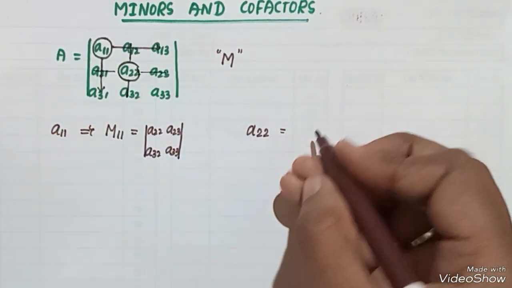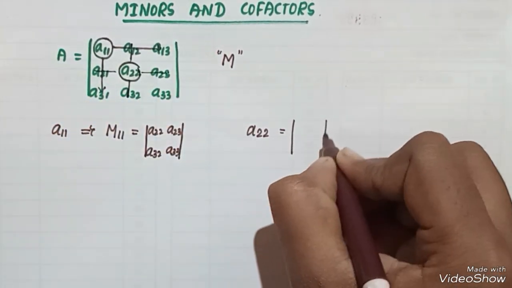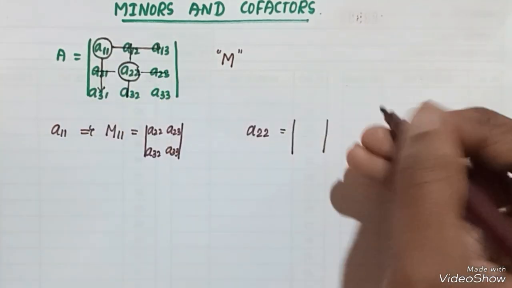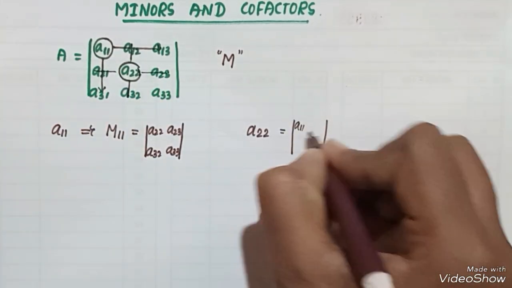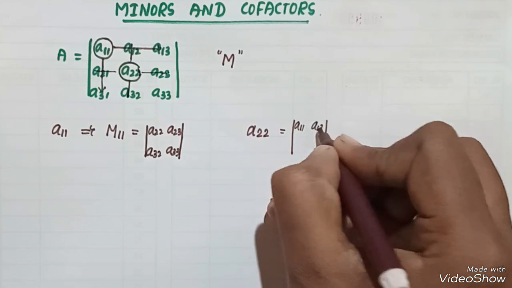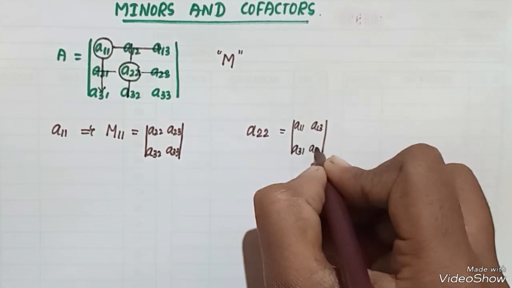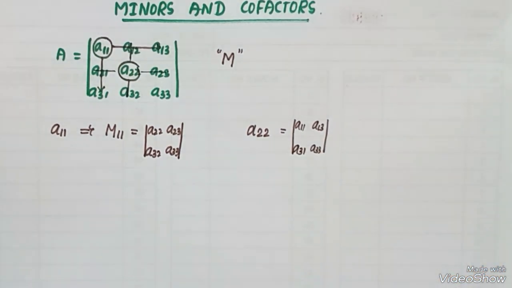For a22, neglecting the second row and second column, the elements are a11, a13, a31 and a33. Then finding the determinant value, the answer will be the minor of that element.